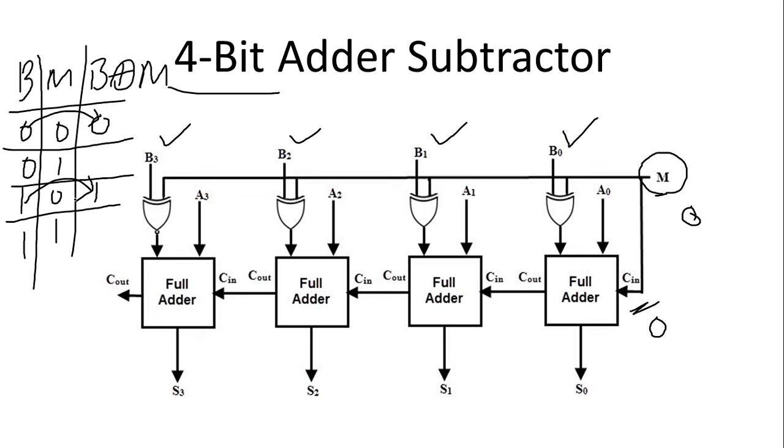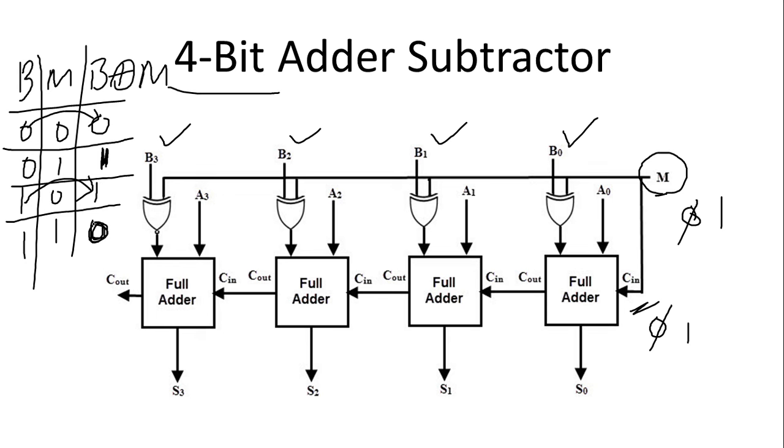So no effect. It means it will be input to the circuit just like its value, and the addition operation will be performed. If we switch the value of M from 0 to 1, first the carry Cin will have value 1. Let's say M is 1 and B is 0, the circuit will output 1. Similarly, if B is 1 and M is 1, the circuit will output 0. So it is working as a NOT gate if the value of M is 1.